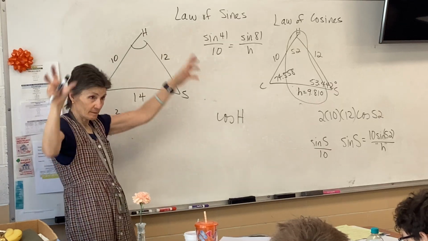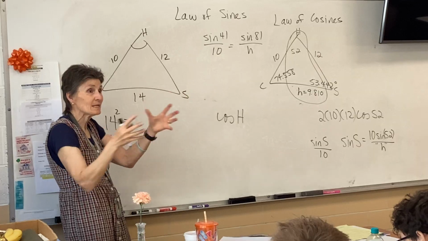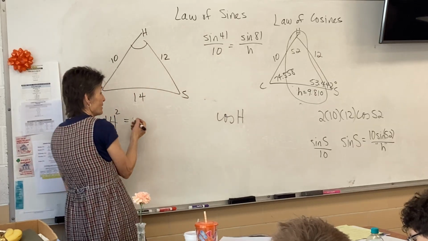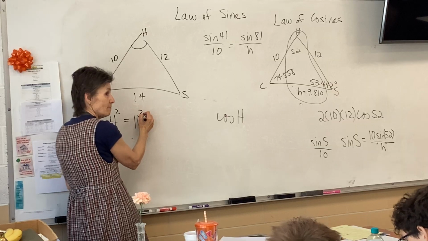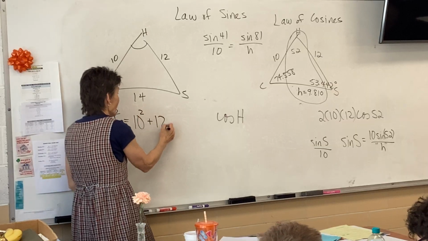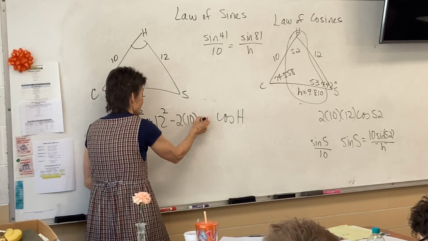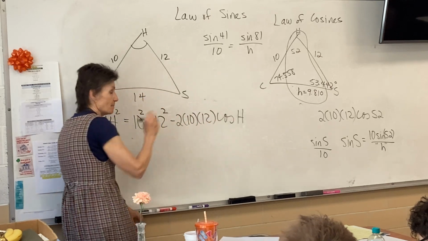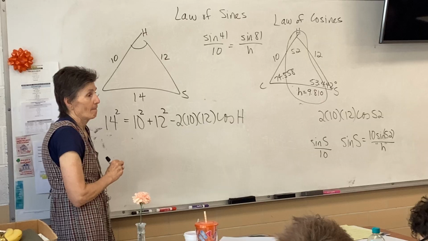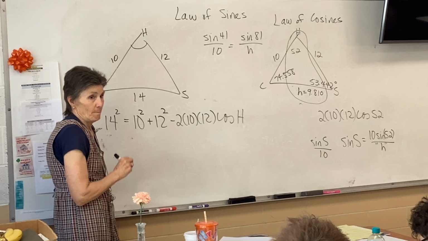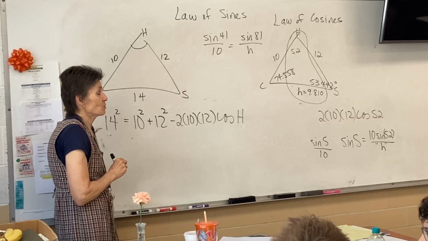All right, so we got both ends of the problem done. Now, everything in the middle is going to be the 10 and the 12. So it's going to be 10 squared plus 12 squared minus 2 times 10 times 12 times cosine H. Be careful when you type this one in.